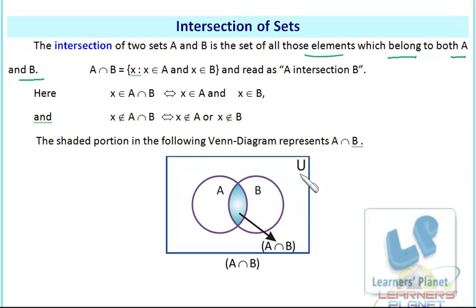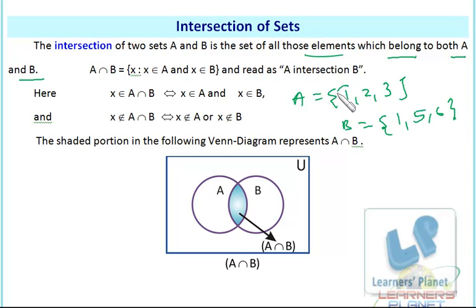So here we can see this universal set, and we have two sets A and B, and the common portion that is shaded blue is actually A intersection B. I take an example. A is 1, 2, 3, B is 1, 5, 6.